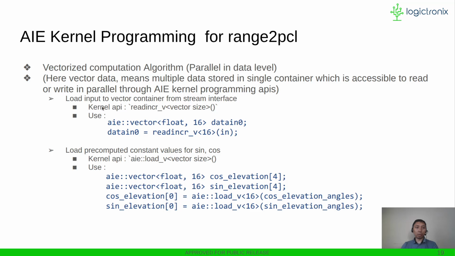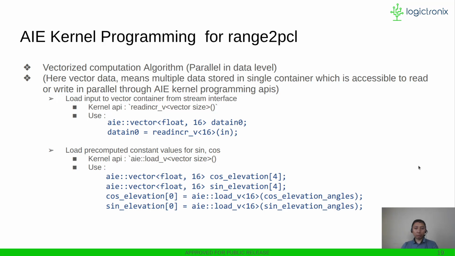For loading the values, or taking the input from the stream interface which comes to this individual AI kernel, kernel APIs like read_increment_v and load_v are there. Each of these APIs has the suffix _v, which works for a certain vector size of float or certain data type, depending upon the template values.